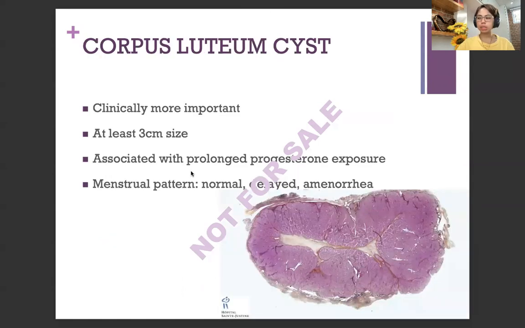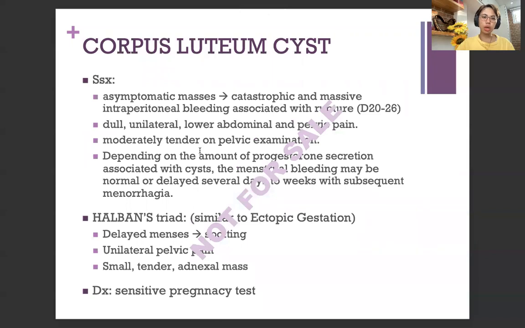Okay, corpus luteum cyst can also be another ovarian cyst. This is more important clinically, at least 3 cms in size. This is usually associated with prolonged progesterone exposure, and menstrual pattern can either be delayed, normal, or absent. So there are asymptomatic masses, and catastrophic intraperitoneal bleeding associated with rupture.